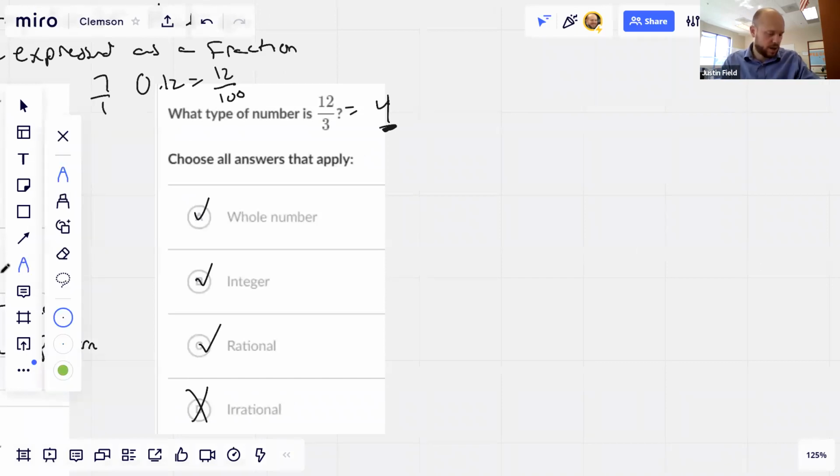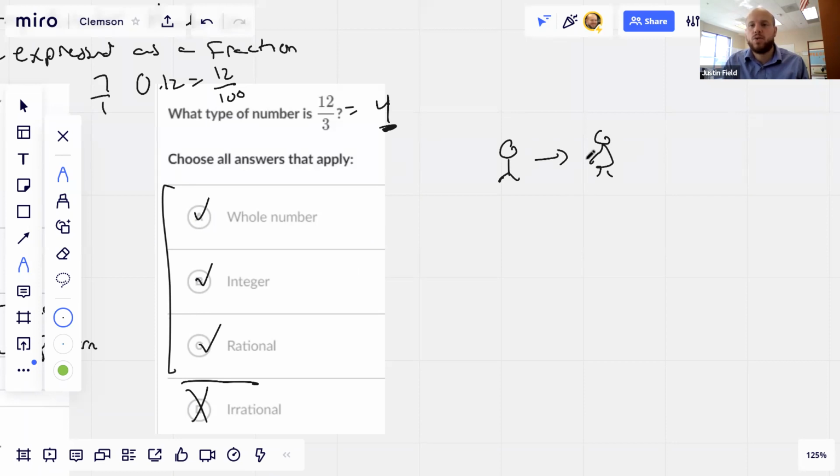let's talk about the caveman story here really quick. I told this in class. And so we have these whole numbers, integers, rational, and irrational. So caveman was good with these 3 numbers. He came home to his cave wife and he gave her rabbits for dinner. He hunted the rabbits.